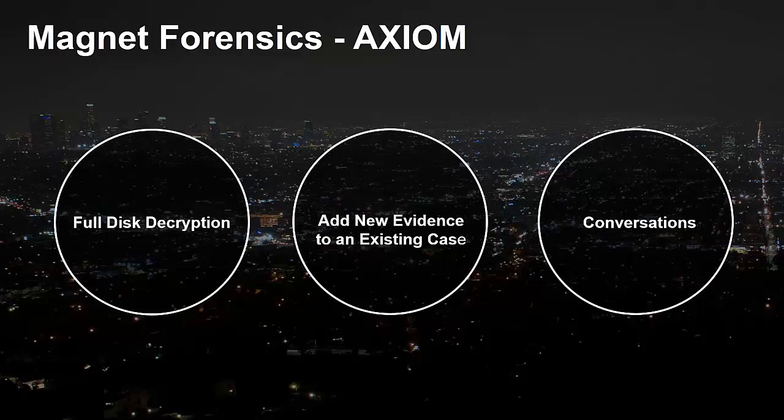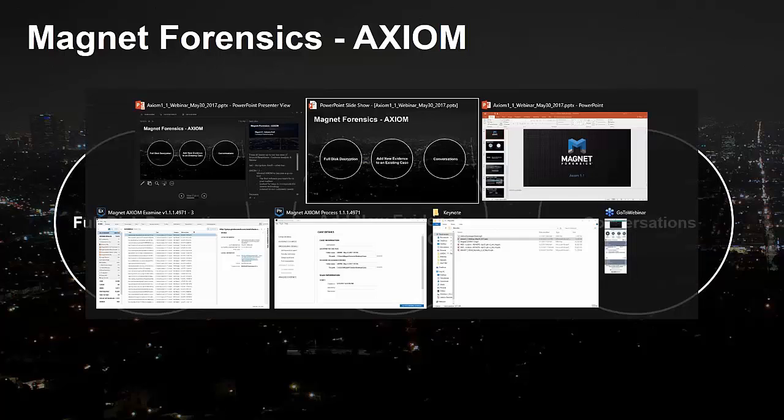So we incorporated what we call a conversation view into Axiom, and that allows you to look at those chat threads in a more native fashion that is very integrated and allows you to tag and comment on individual messages. So without further ado, I'm going to jump into the demo itself and touch on each of these features.